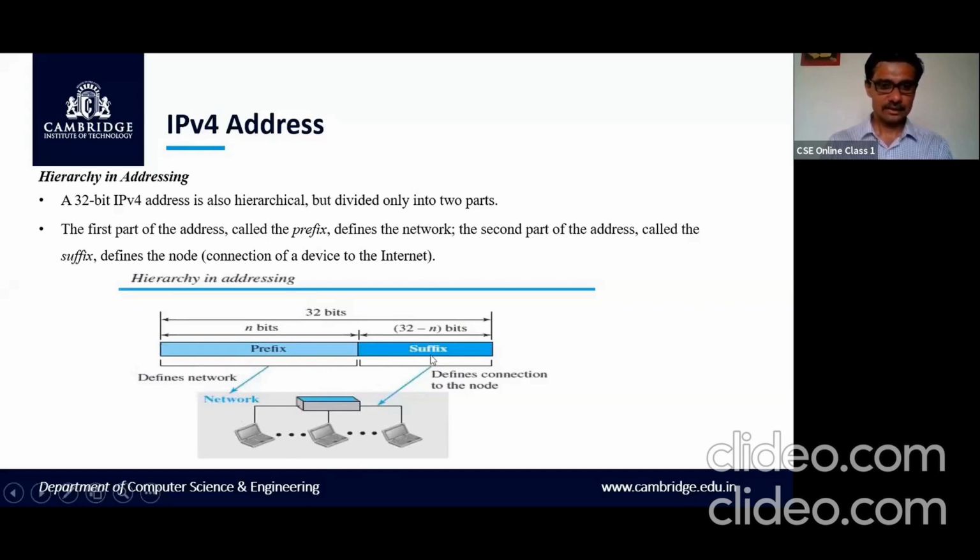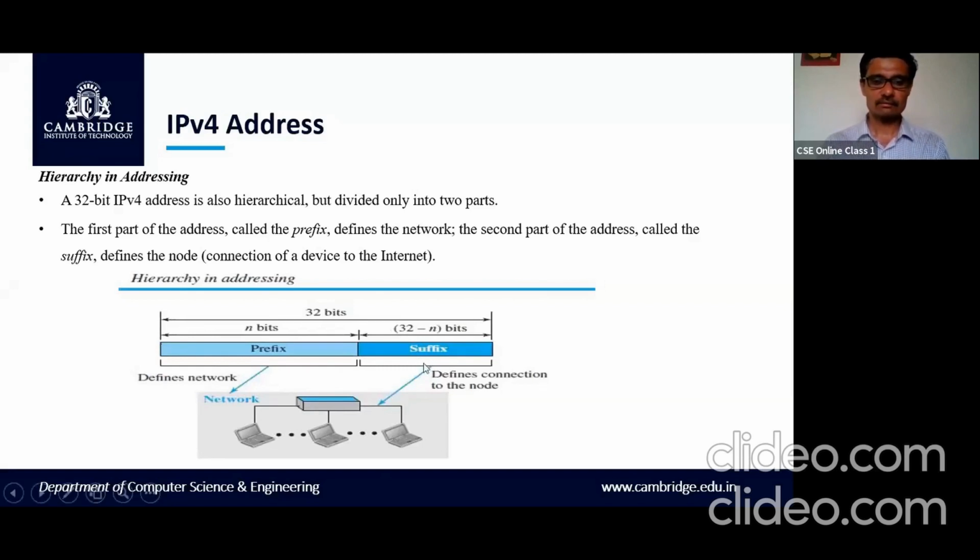The suffix defines the connection to the node which is connected to that particular network. If the suffix part is, let us say, 8 bits, then you can have a total of 2 to the power of 8, which equals 256 addresses.